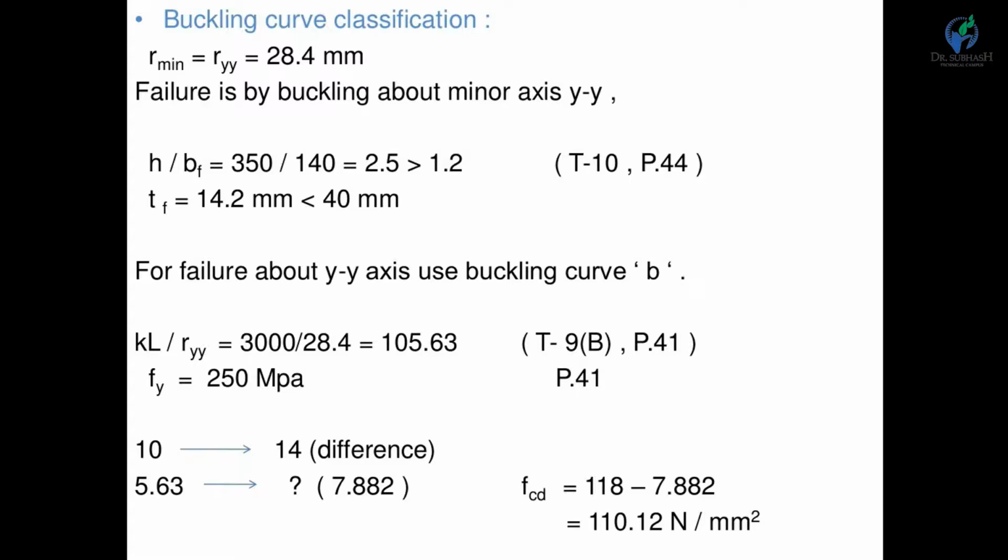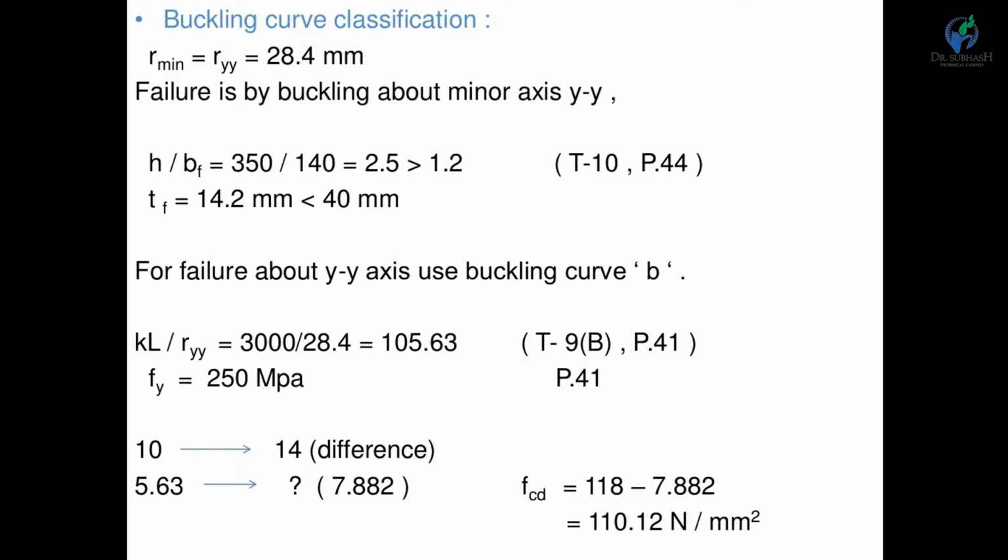According to table number 10, we find the H by BF ratio and TF. For failure about the YY axis, use buckling curve B. According to table number 10, we know the buckling curve about the YY axis. In that you find two ratios, H by BF and TF. These two values decide the buckling class about the YY axis.